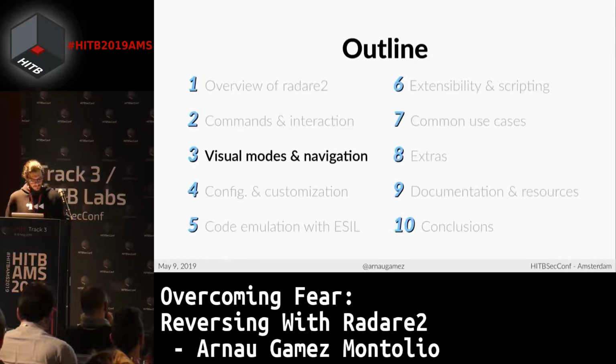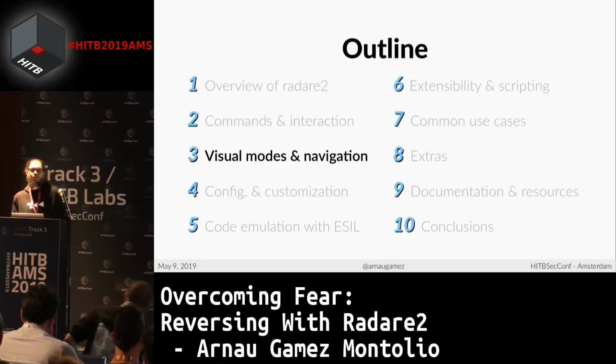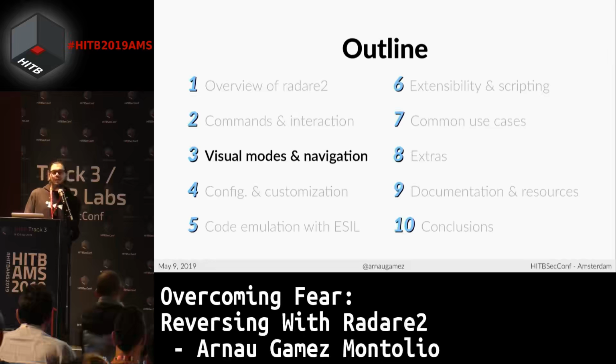Okay, that's it. Now we will dig a little bit into the visual modes and navigation. Yeah? No, not necessarily, of course. Really good question. In this case, it was really easy because NOP is, everyone knows, 9090. But no, you can just assemble the instruction as it is.